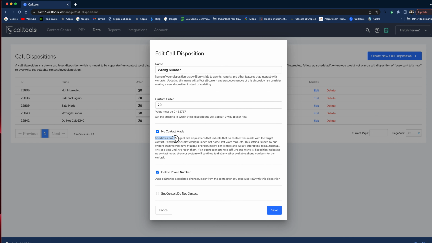This means that if it calls this number and they say they're not the right person, it's going to remove that number, but it's still going to continue to call the next number that you mapped out when you uploaded your list. So if you have two numbers per person, and it called the first number and the first number is wrong, it's going to go ahead and proceed to call the second number. So have this checked out.